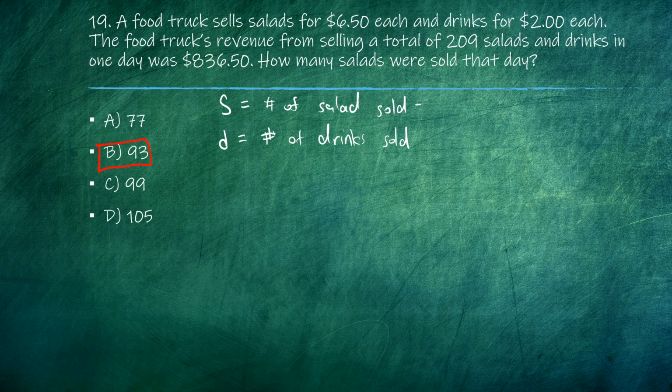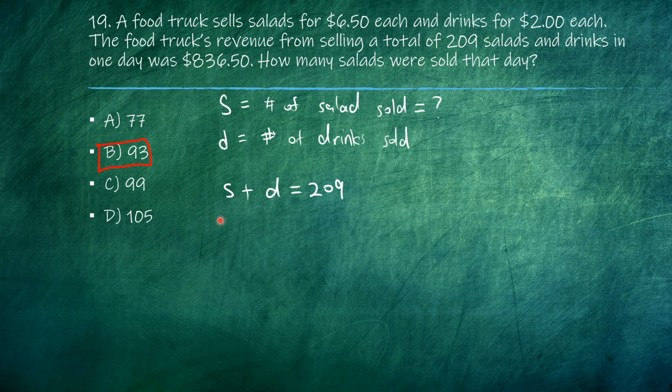So we want to find out what this number is. From the question, it was given that the total number of salads and drinks sold was 209. So we can say S plus D is equal to 209. And the total revenue is 836.50, and we know the price of each item.